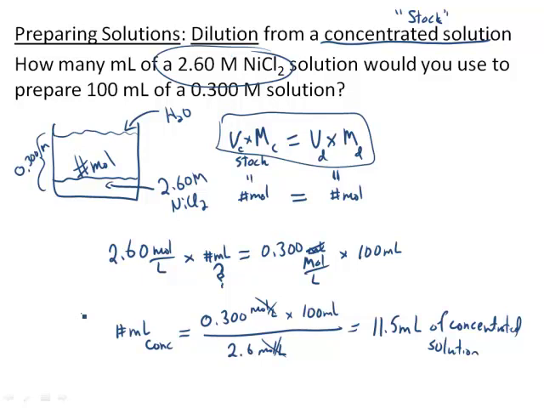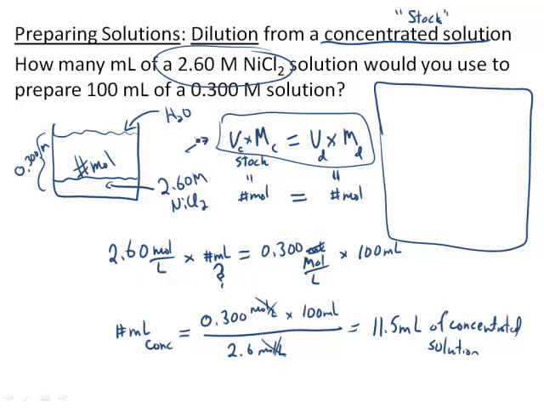The key here is that if you don't want to use the quick and easy method, you can calculate the number of moles. You can take 0.100 liters times 0.300 moles per liter of your solution, and that will give you 0.030 moles. That's how many moles you need for your dilute solution.